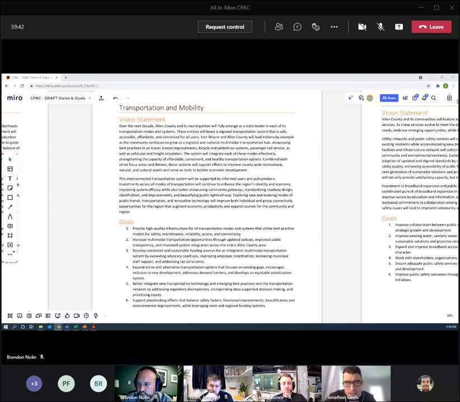Six, support placemaking efforts that balance safety factors, functional improvements, beautification, and environmental improvements while leveraging state and regional funding systems. Both of these chapters have a lot of goals covering a broad variety of areas, and certainly we see a lot of overlap with the other chapters. Any thoughts on our vision and goals here for transportation and mobility?